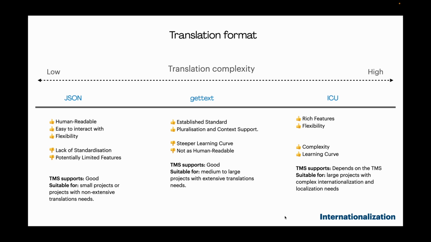In our case, since we don't anticipate highly complex translations, JSON serves as the most universal format. It is especially suitable if we have an internal translation team. Alternatively, we can utilize translation or localization software depending on our expansion plans for other markets.